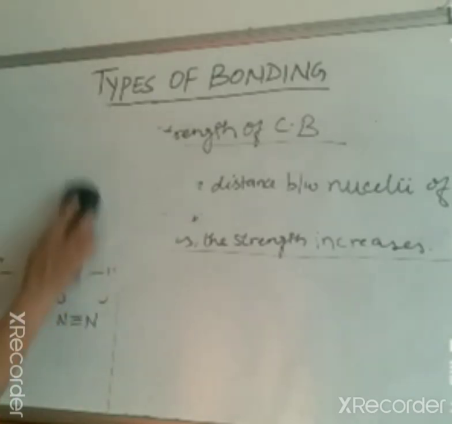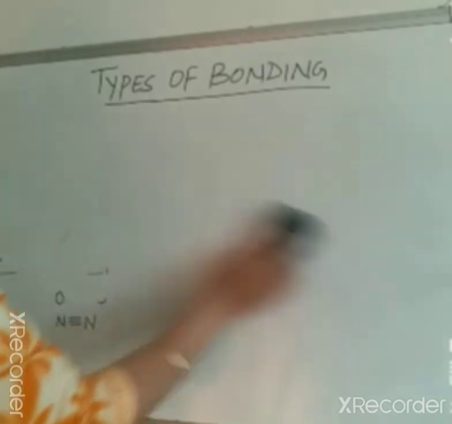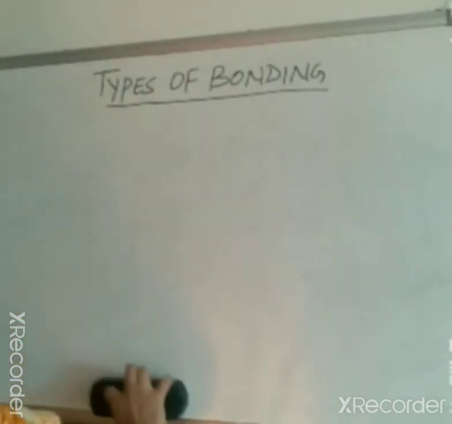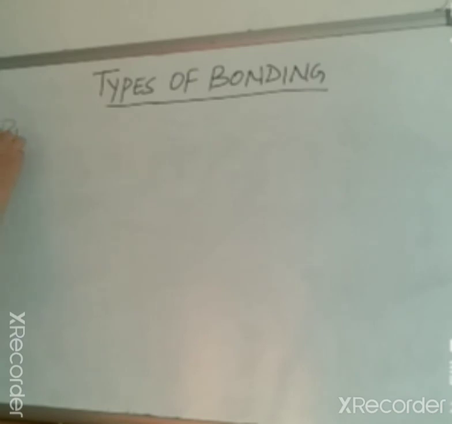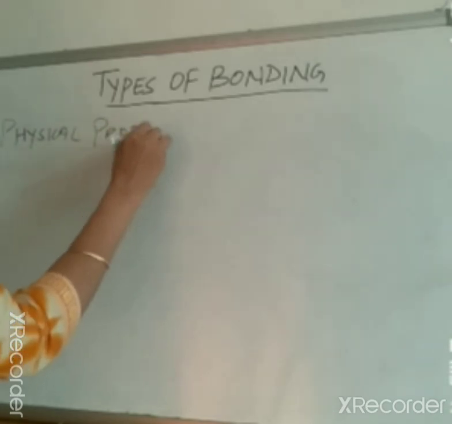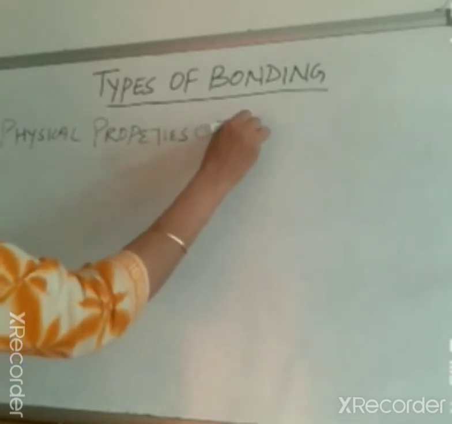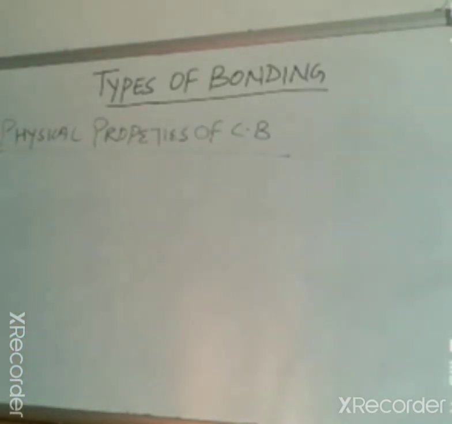Now we will see the physical properties of covalent bonding. First, in contrast to ionic bonding, they are less strong than ionic bonding.